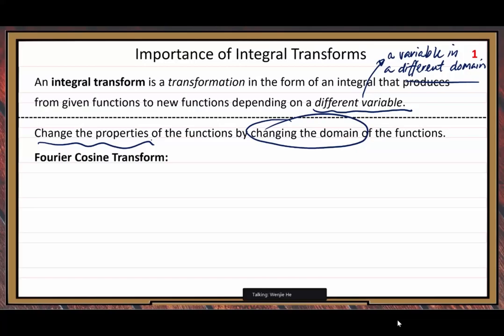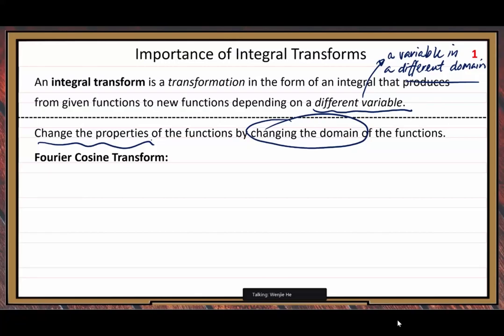Fourier cosine transform: we use the cosine function. Fourier cosine, Fourier sine, these two basic functions. We know the cosine function and sine function are closely related to the E function. By the Euler formula, the E function has two parts, sine and cosine.